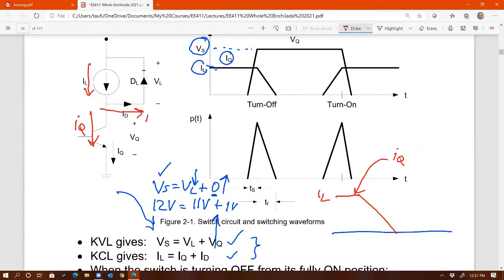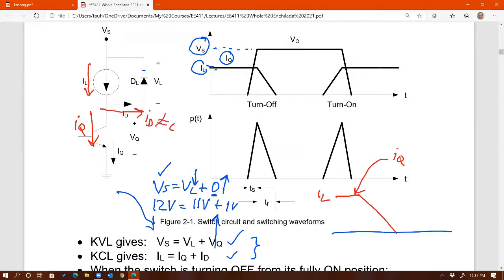So ID is not 0. You agree? Let me know if you disagree. So that's the implication of IQ coming down first: as IQ decreases from IL, I'm going to have non-zero ID through the diode.